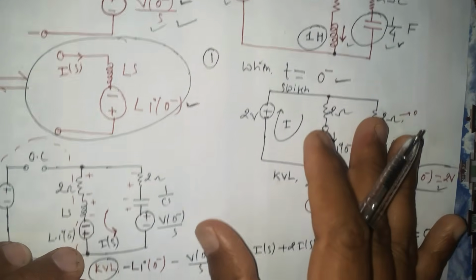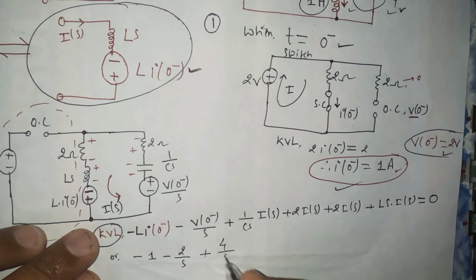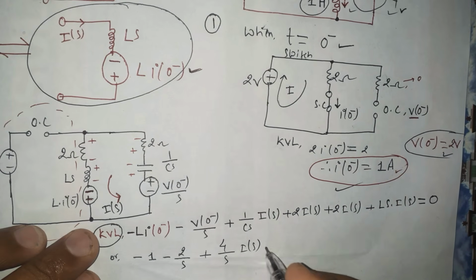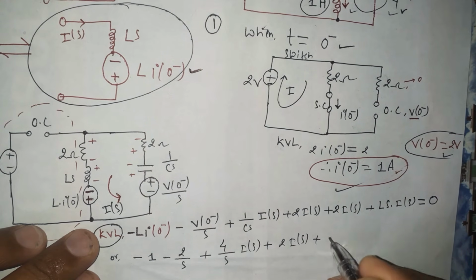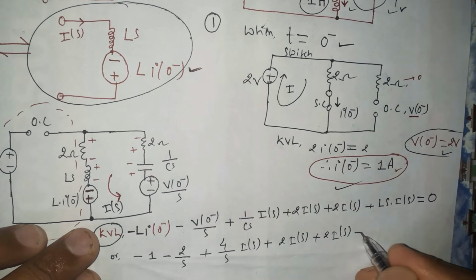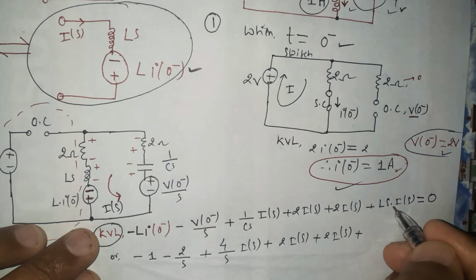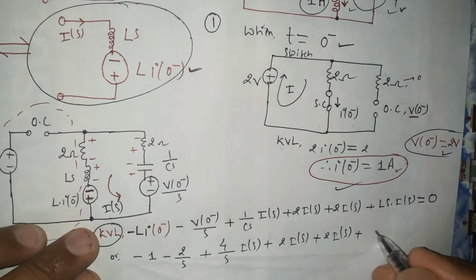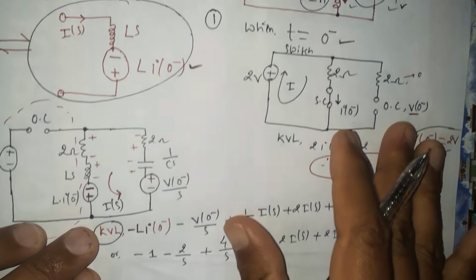If we plug in the value of C, this will be 4 over S times I of s, plus 2 I of s, plus the inductor is just 1 times L of s, and this is just s I of s. This equals 0.